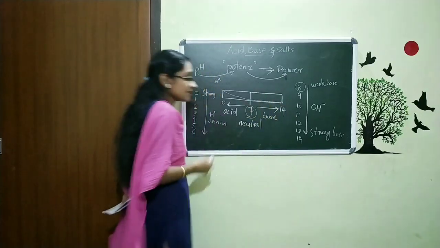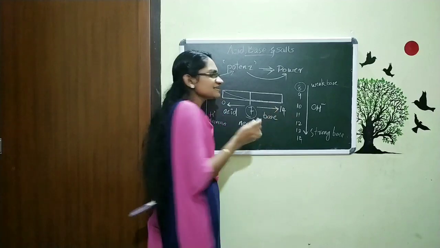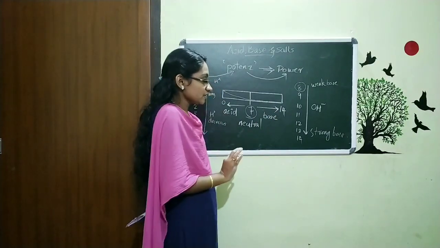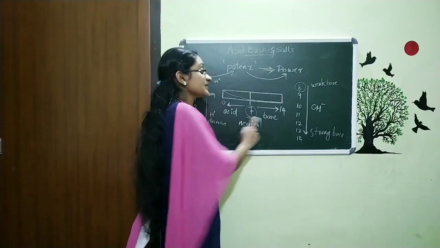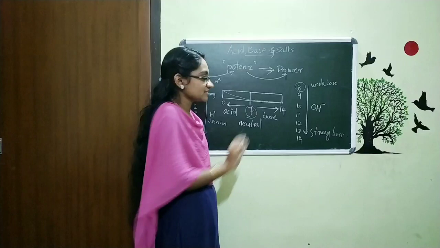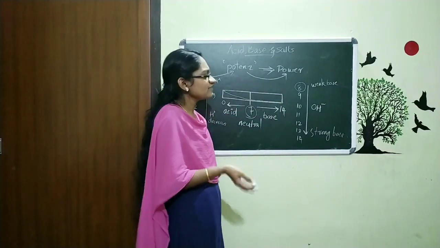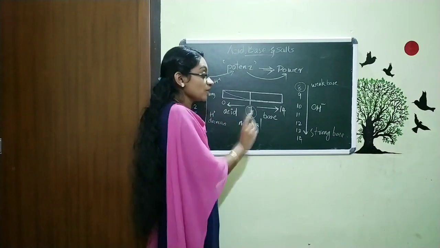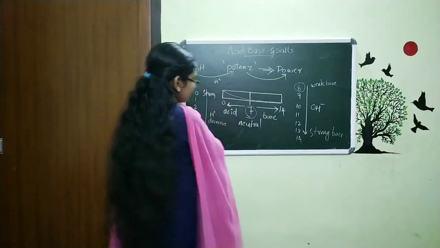Even at 14 there are some H plus ions, but the OH minus value is higher and that's why we get it as a base. Don't think that at 14 it has only OH minus ions. It may have H plus ions, but in very small quantity, while the OH minus is higher, and that's why it behaves as a base.